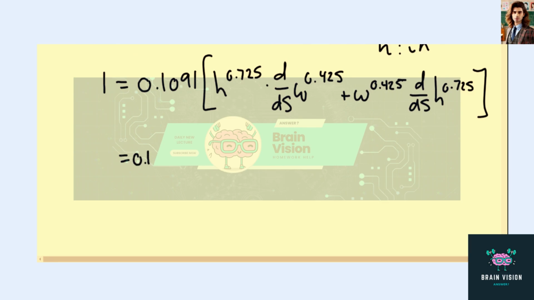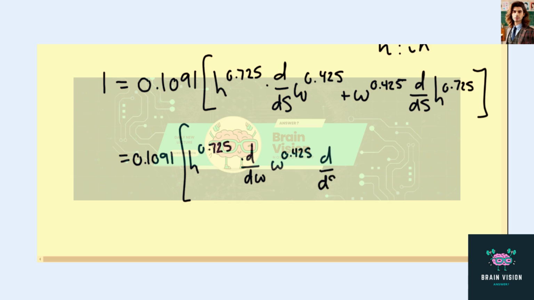So we get 0.1091 times h to the power of 0.725 times the derivative of w to the power of 0.425 with respect to w, times the derivative of w with respect to s.